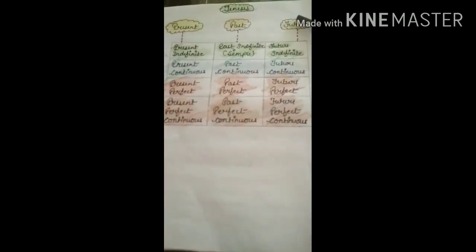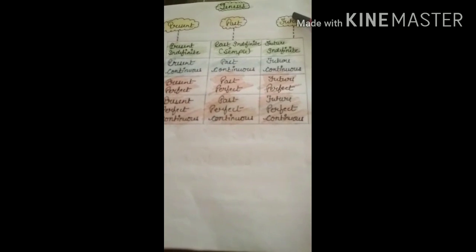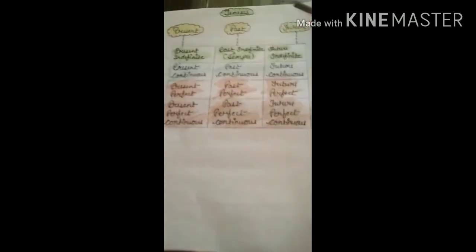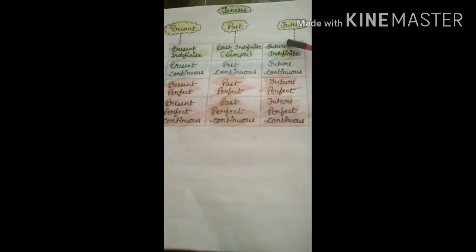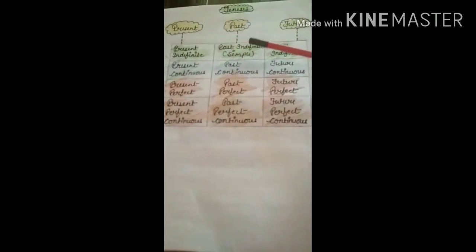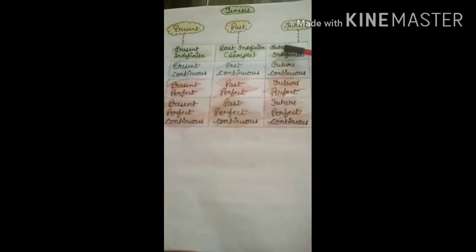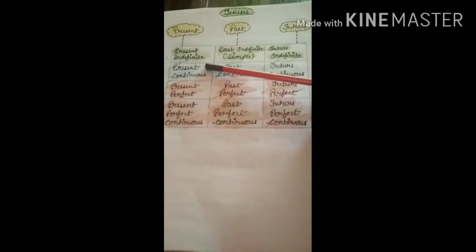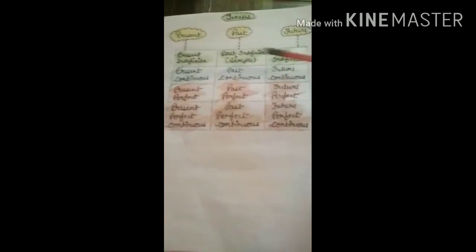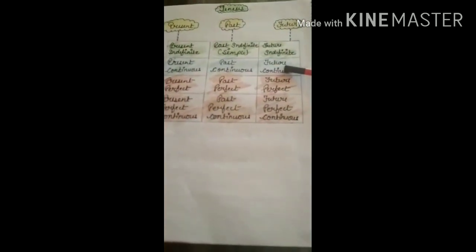Present, past and future. But the verbs have been further classified as present indefinite, past indefinite, future indefinite. You can also say simple present, simple past and simple future. Next one is present continuous, past continuous and future continuous.